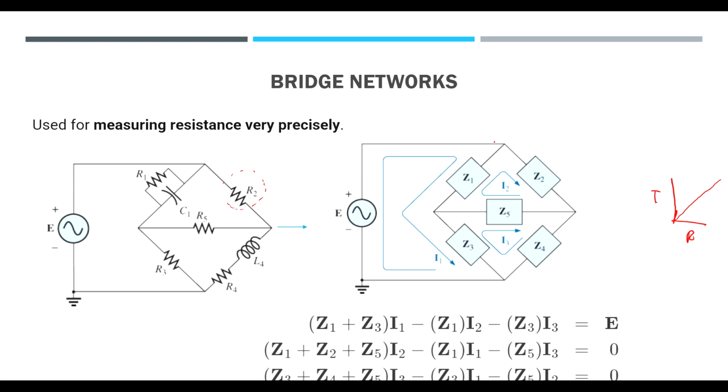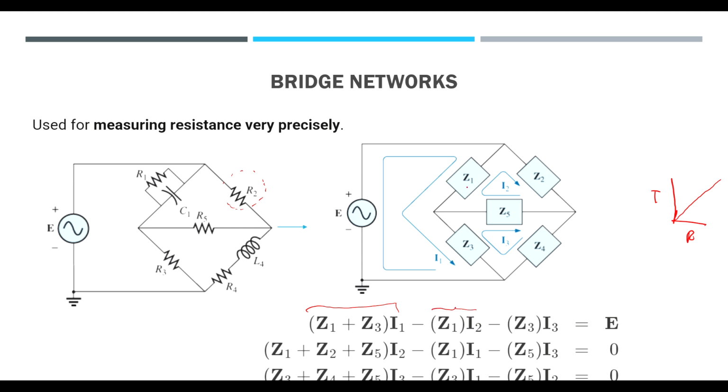Then you have I1 going through Z1 and Z3, and I2 also contributing on Z1.